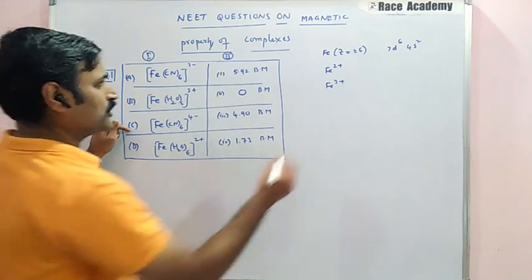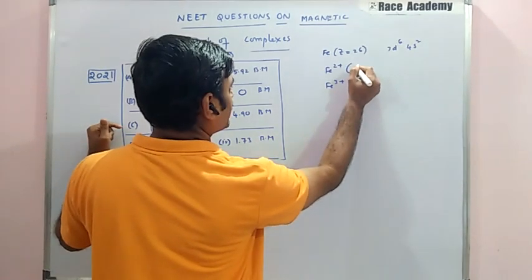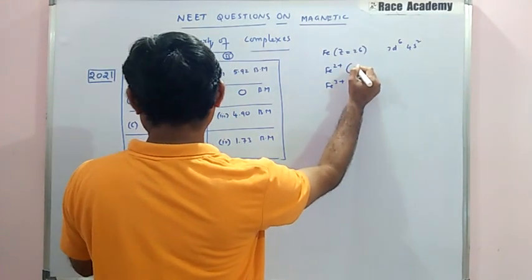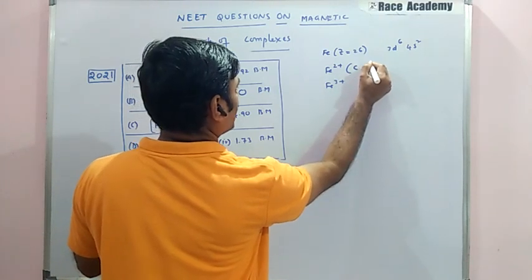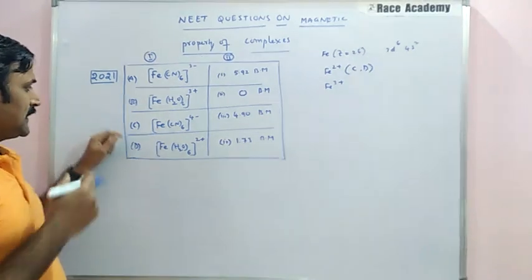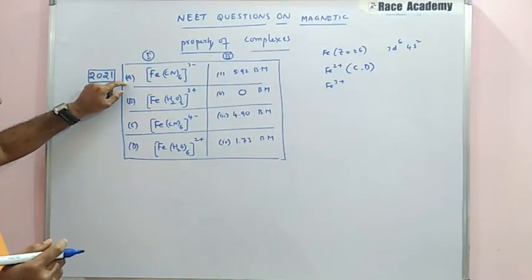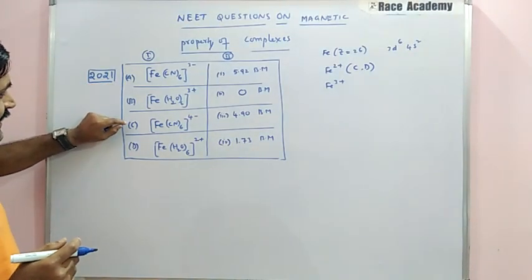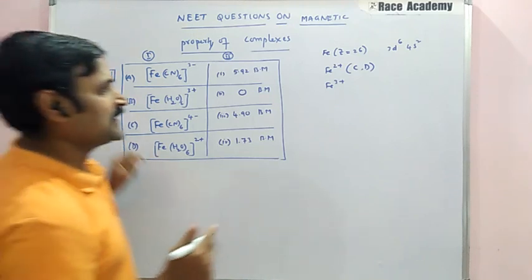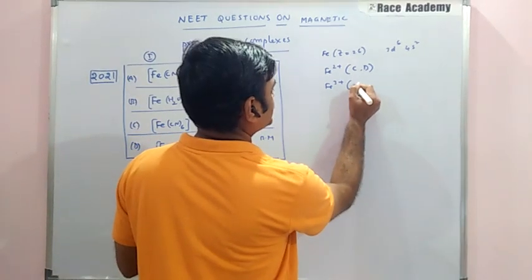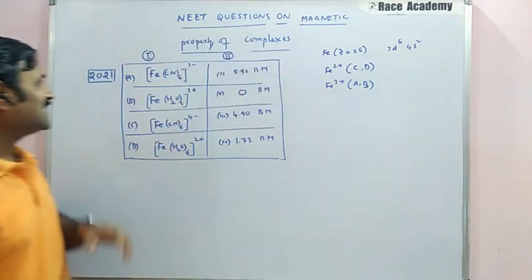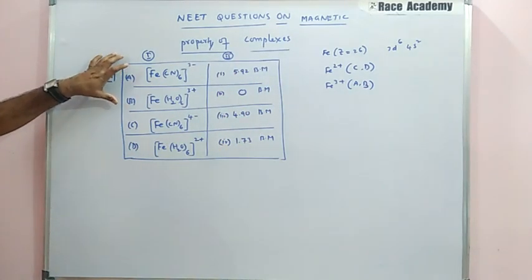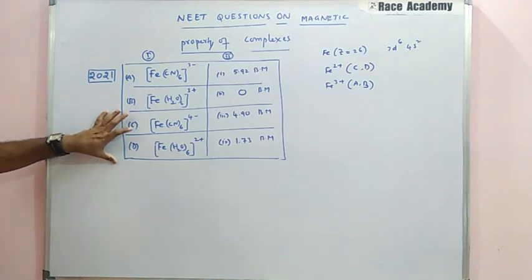In C and D options we have iron in the +2 state. In A and B options we have iron in the +3 state. In list 1, the iron oxidation states were identified.